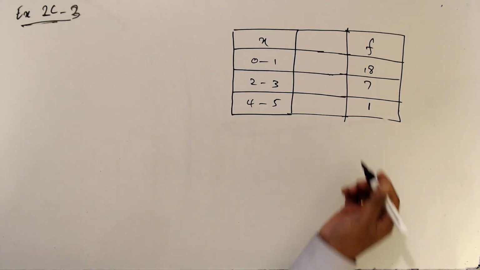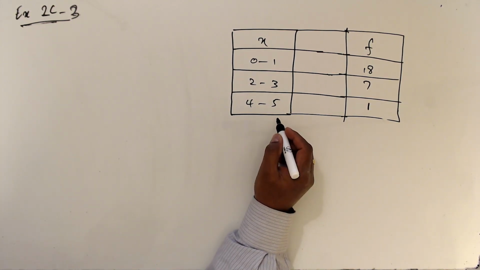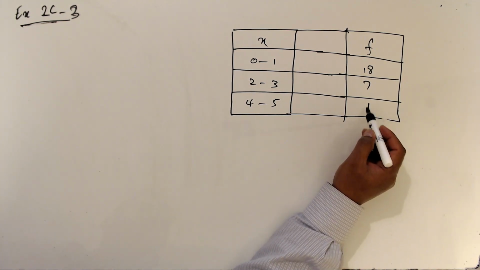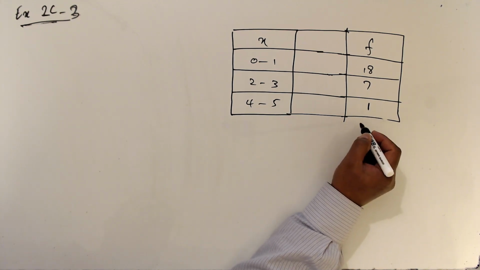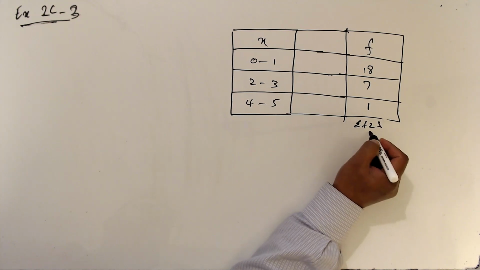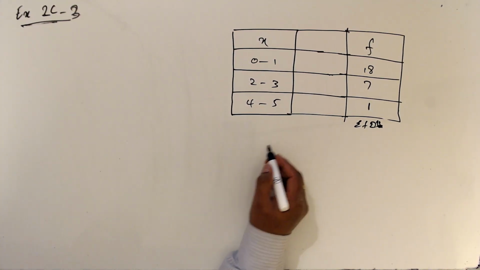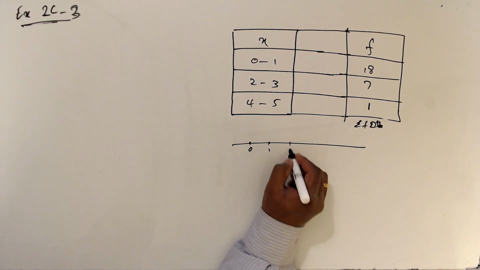Question number 3. This is the number of breakdowns, and the total number of breakdowns, summation f, is 26. When you look at the variable, it is either 0, 1, 2, 3.